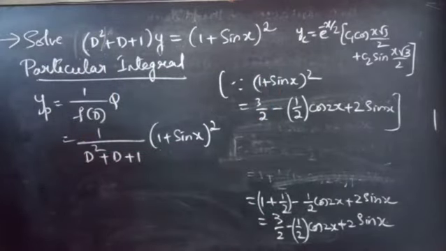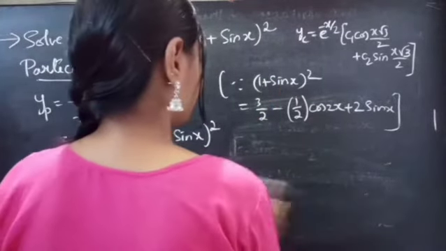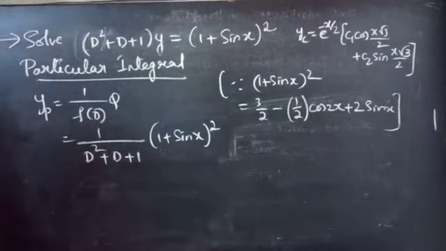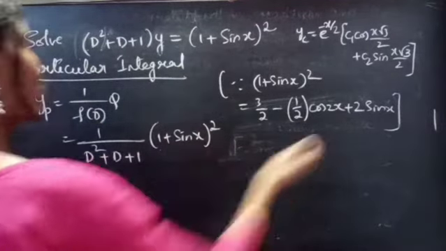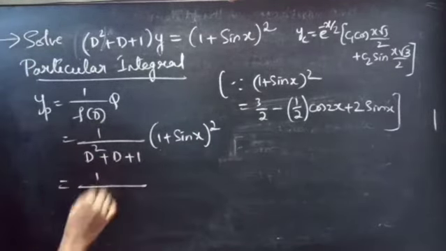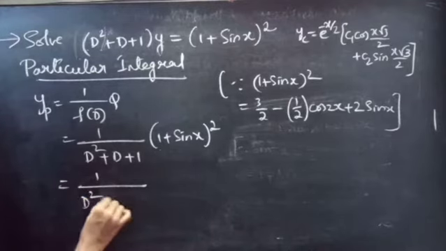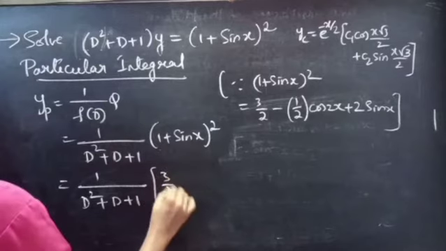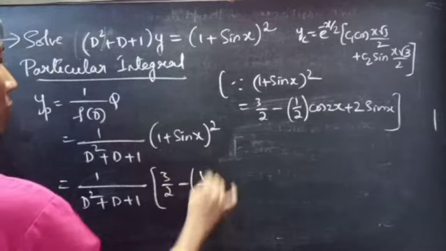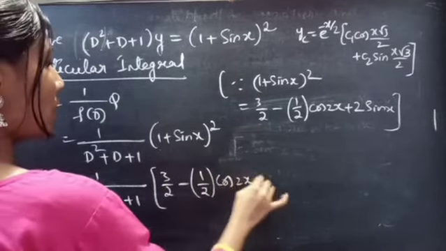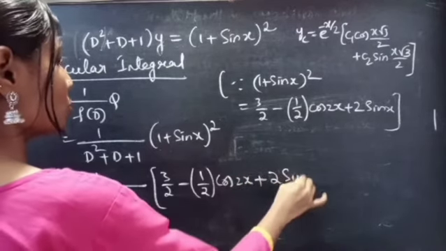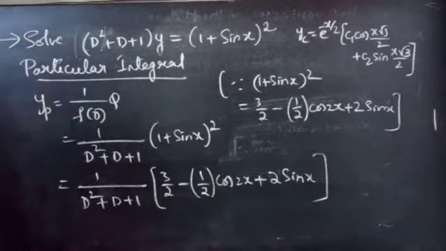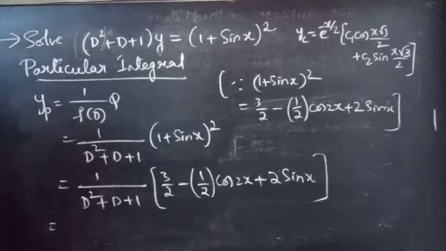Now we can replace q by these three terms. yp becomes 1 by f of d into 3 by 2 minus 1 by 2 into cos 2x plus 2 sine x, right?